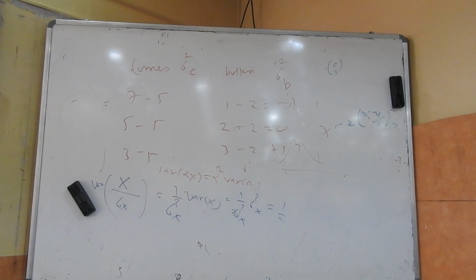Now what will its mean be? 0. Then I divide this quantity by the standard deviation of elephant weights. What will be the variance of the resultant quantity? 1. The variance of the resultant quantity will be 1.